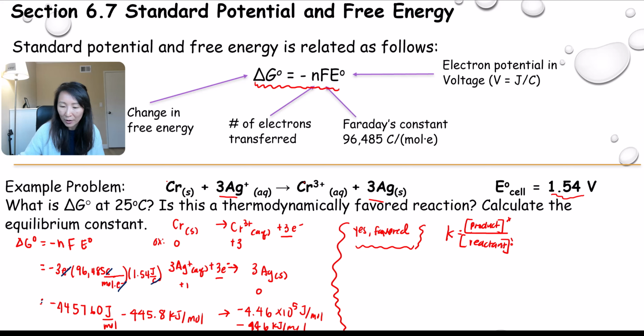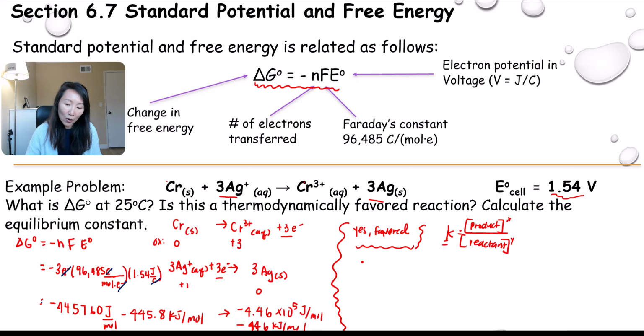For here, the products would be chromium and silver, and solids are not included. It would be just Cr3 plus, and the reactant would be silver plus. But here it's not asking for that individually, it's asking for K.